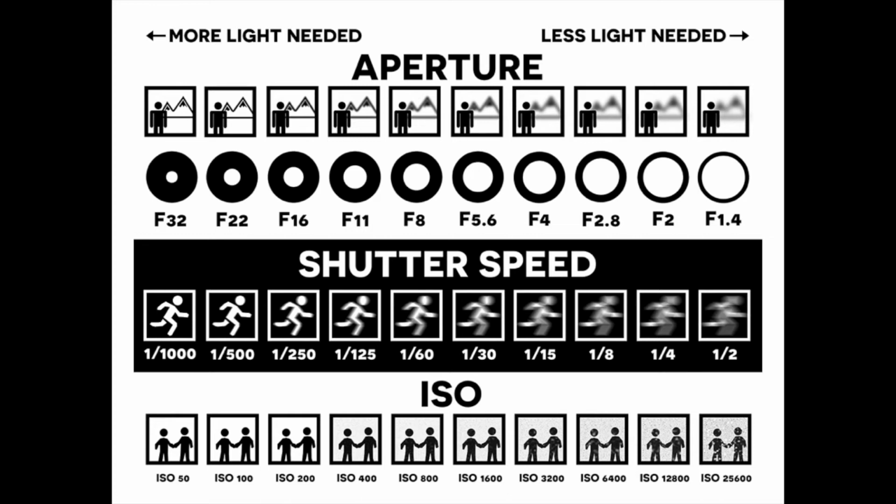At the top, you'll see aperture. The smaller the aperture, the more of the image you can get into focus, and we call that depth of field. Over there on the left, where there's the man with the mountains behind him and everything's in focus, that has a greater depth of field than the image all the way on the right side, where the man is in focus and the mountain is out of focus.